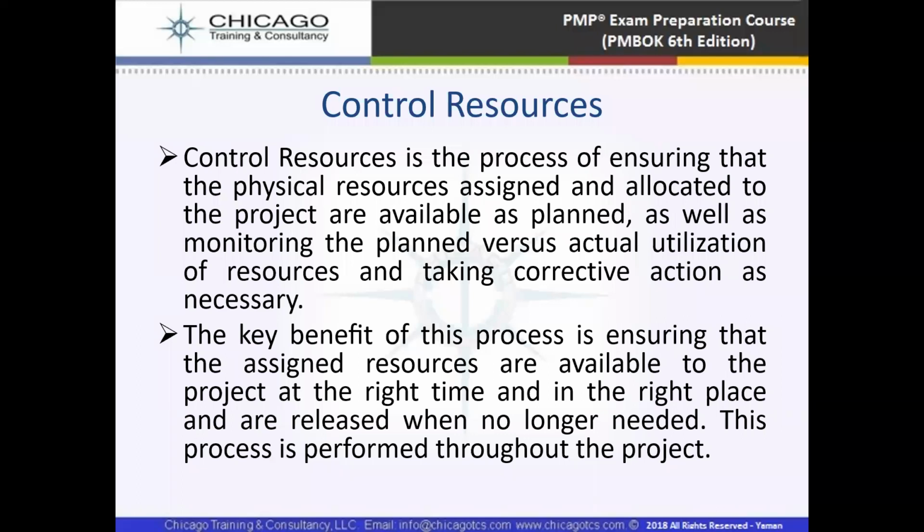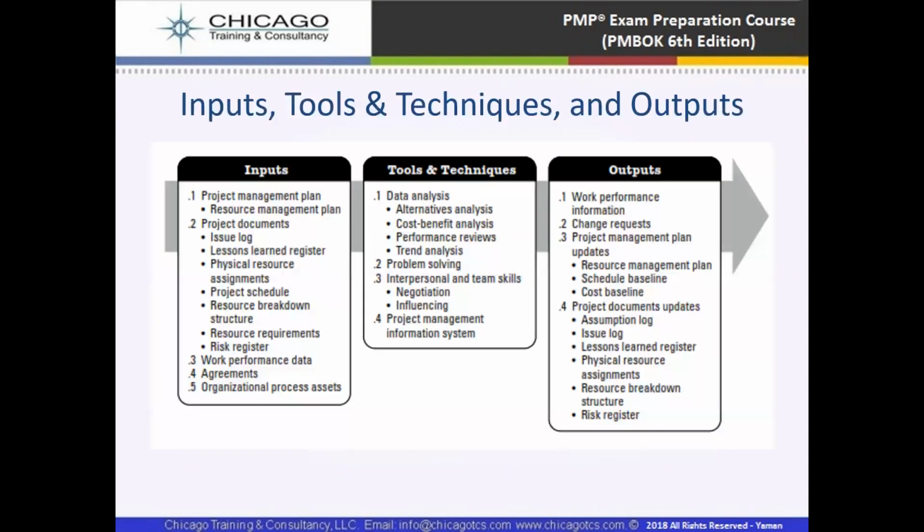It means if we control our resources well, every activity will have a resource at a specific time and at a specific place. So this will be an outcome if we control our resources. These are the inputs, tools and techniques, and outputs of the control resources process.